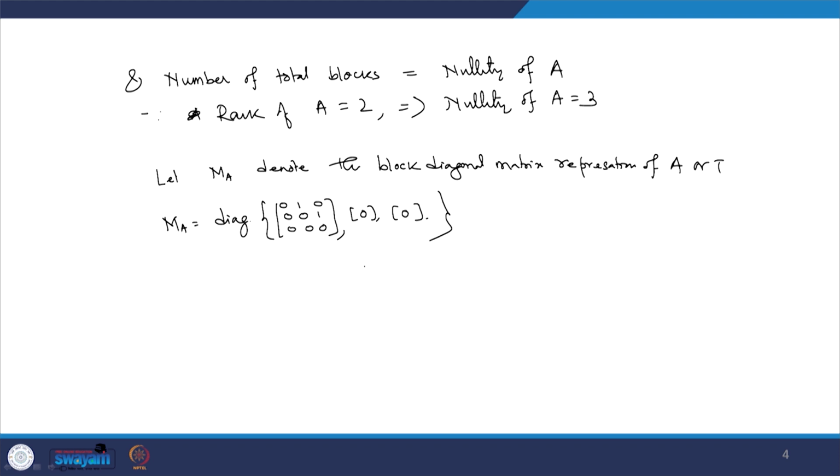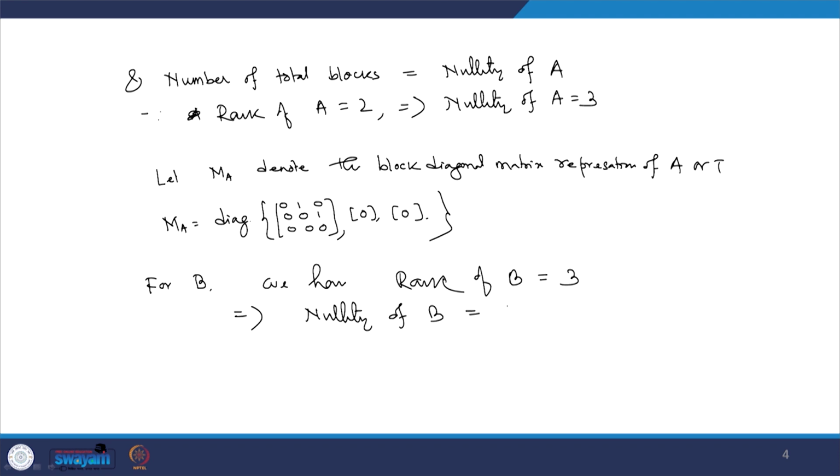Now, what can you say about the matrix B? For B, we have rank of B equal to 3, which implies nullity of B equal to 5 minus 3 equal to 2. So, the total number of blocks must be exactly 2.